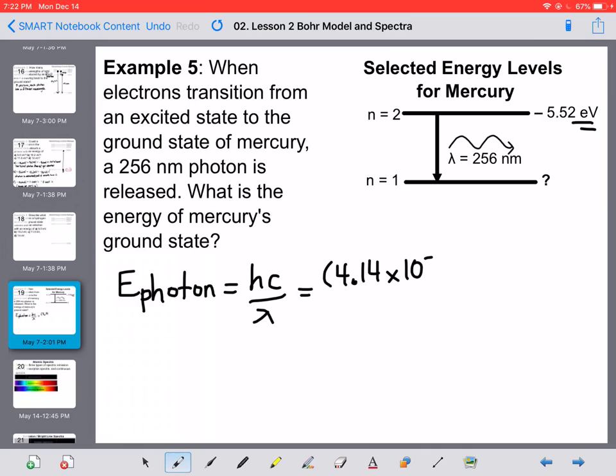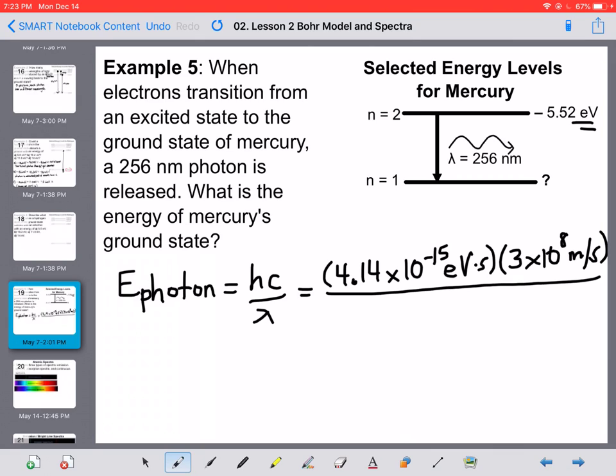So 4.14 times 10 to the negative 15 electron volt seconds times the speed of light, which is 3 times 10 to the 8 meters per second, divided by the wavelength. Make sure that the wavelength is in meters, not nanometers. So we'll write this as 256 times 10 to the negative 9 meters.